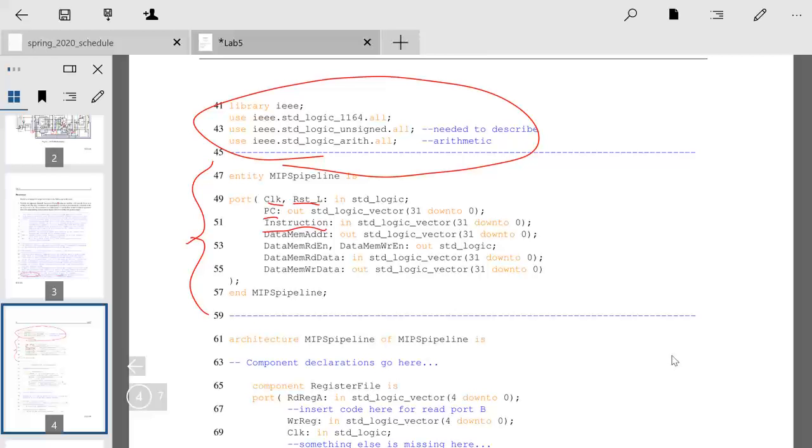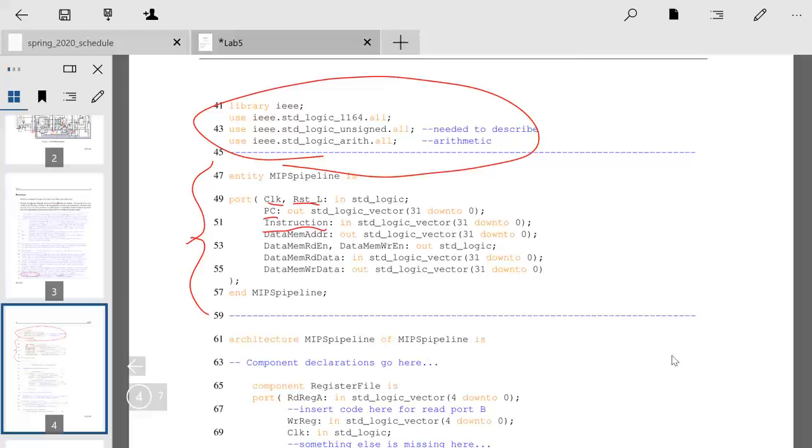Similarly, on the data side, we have the data mem address, which is an output from the pipeline, and it's a 32-bit bus. Then we have other outputs that control the memory: a data mem read enable and a data mem write enable. Those are single bit, so standard logic type.